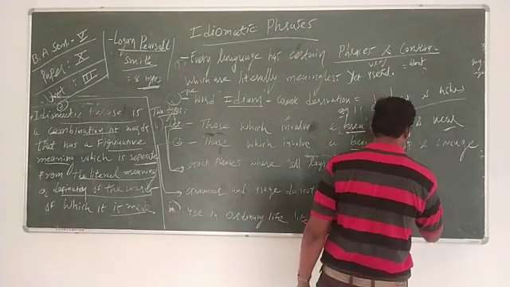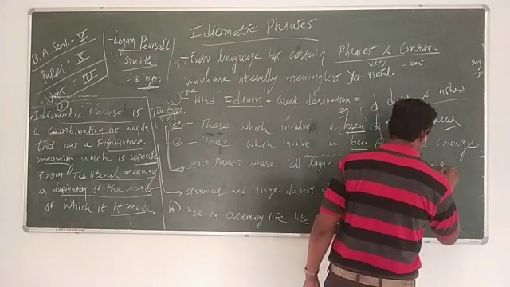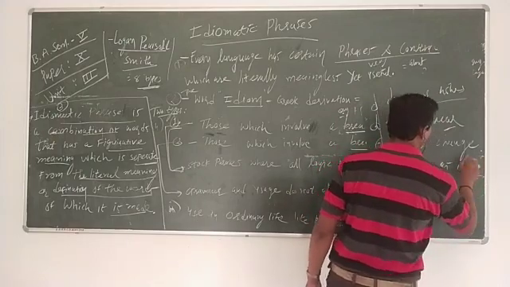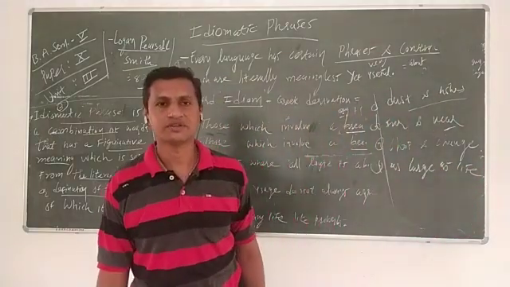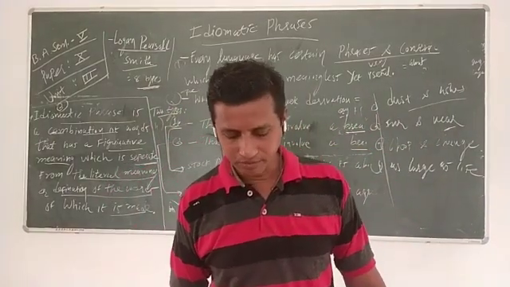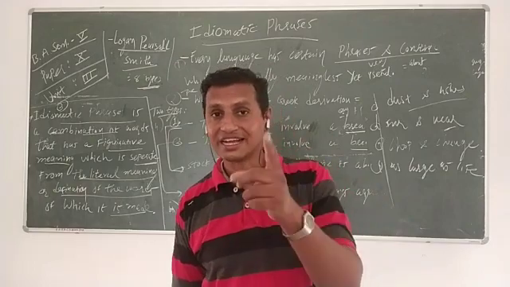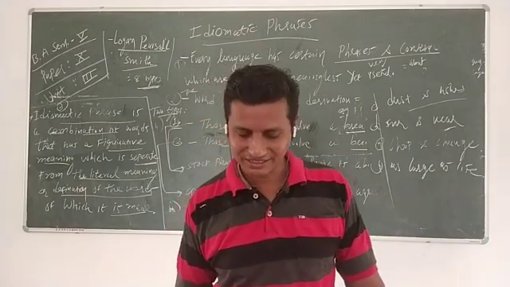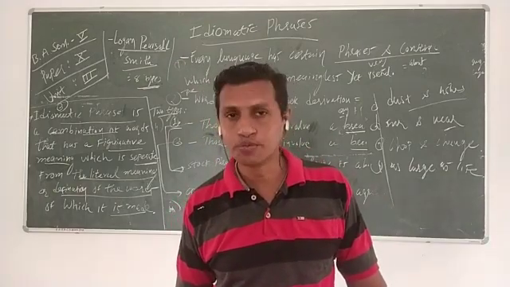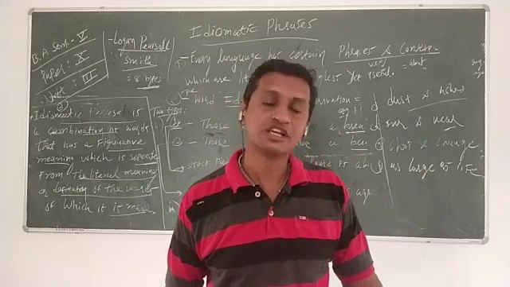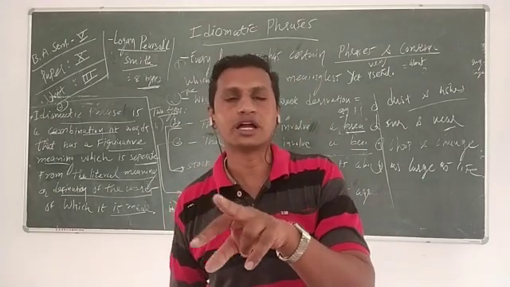Fourth one, as large as life. It is an alliteration, as green as grass, as cold as cucumber, cold as cucumber, kakdi and cold thandu.